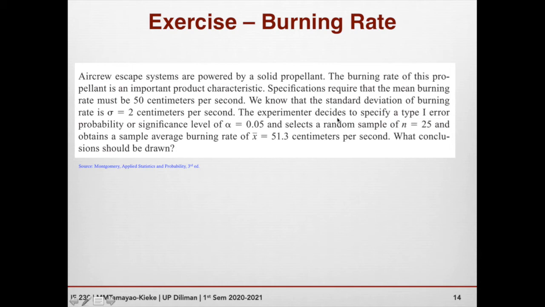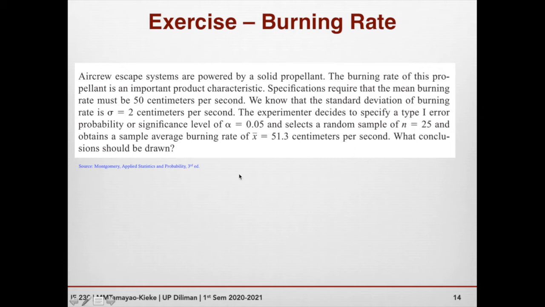The experimenter decides to specify a type 1 error probability or significance level of alpha equals 0.05 and selects a random sample of n equals 25 and obtains a sample average burning rate of x bar equals 51.3 centimeters per second. What conclusions should be drawn?